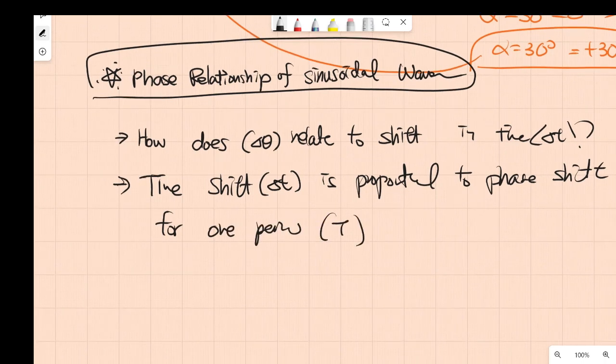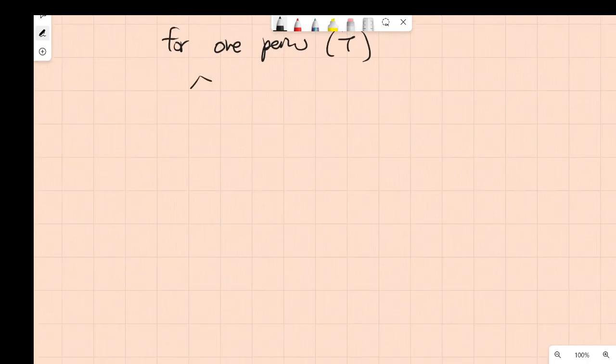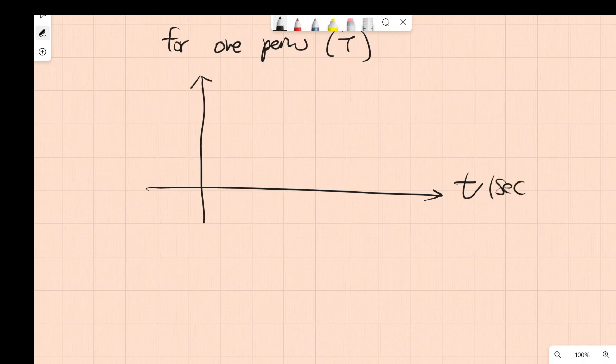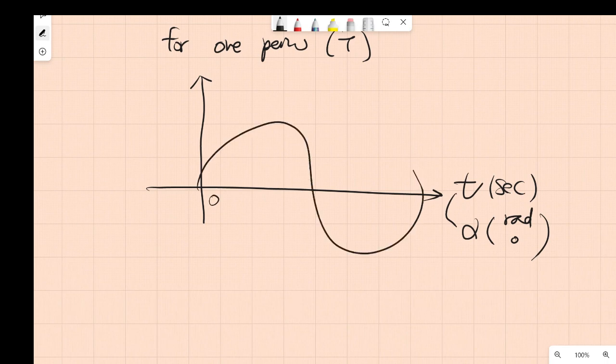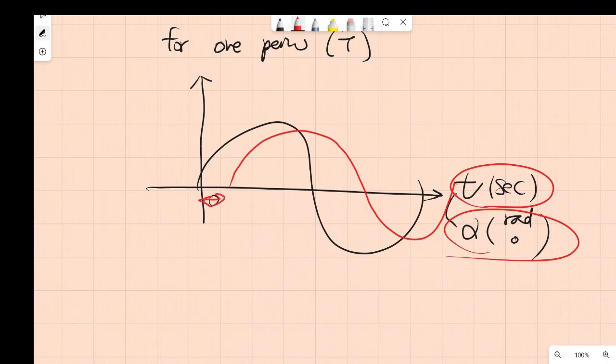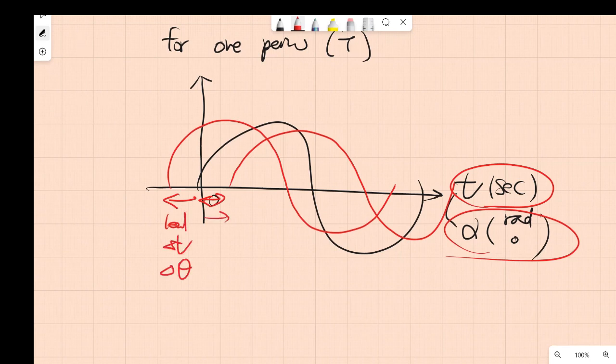As I said before in the graph, sometimes the axis is t in seconds, sometimes alpha, the phase, in radians or degrees. We can draw any sinusoidal waveform with t or alpha on the x-axis, and to find leading or lagging we use sometimes delta t, sometimes delta theta.